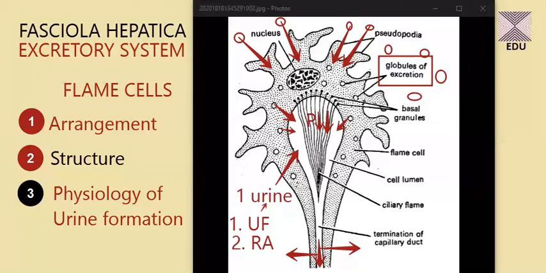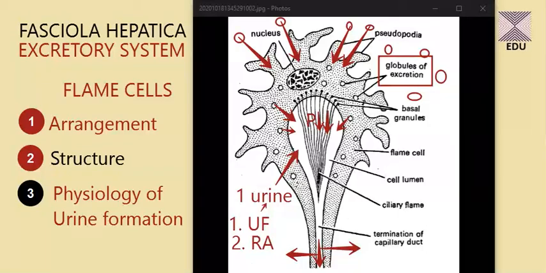Overall, this particular cell, the flame cell, is responsible for the formation of first the primary urine, then after reabsorption the final urine, or the secondary urine, which goes into the excretory duct and out of the body. So this is the physiology of urine formation in flame cells.